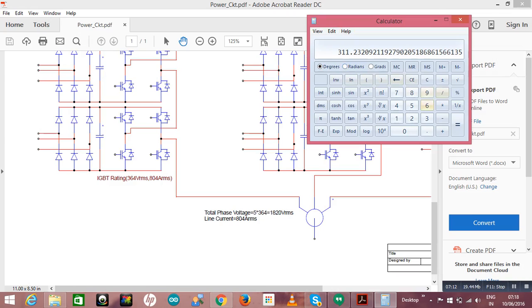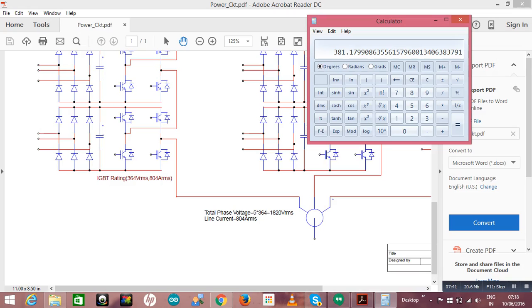So for RMS, again I have to divide by √2. And this is my phase voltage, so again multiply by √3. So nearly 381 volt will be the input of the rectifier.